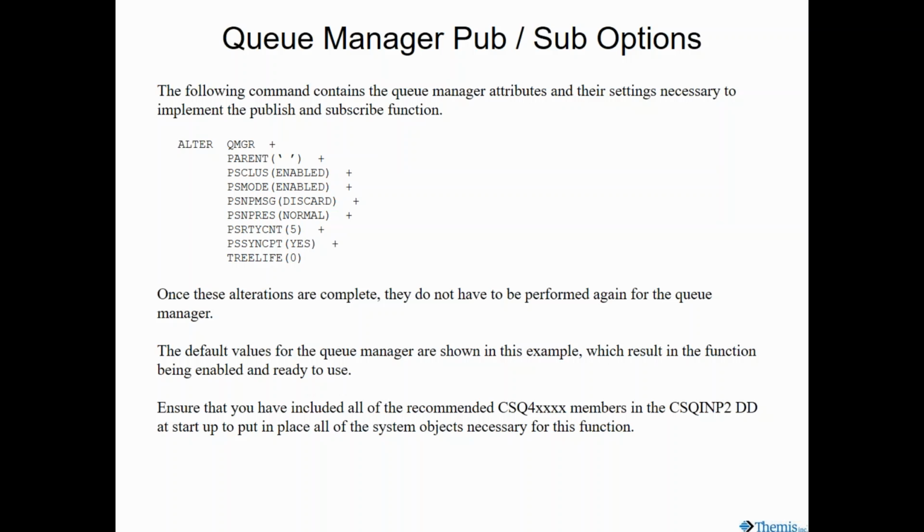The topics will always stay there. So that's another concern, if you want to let people dynamically add topics: once added, it stays in the tree until I as an administrator delete it. So basically that's turning on publish and subscribe in a queue manager.